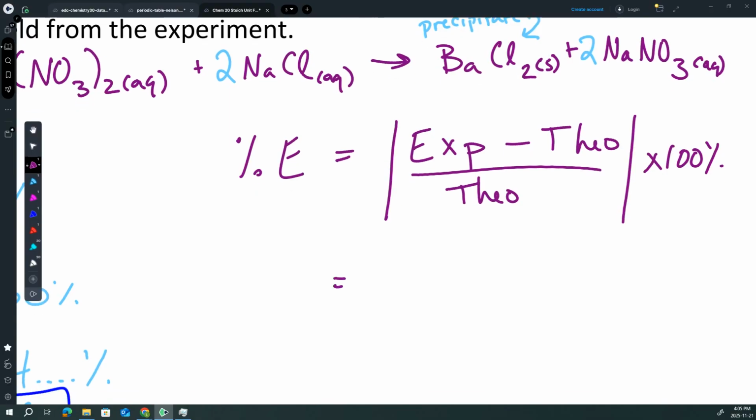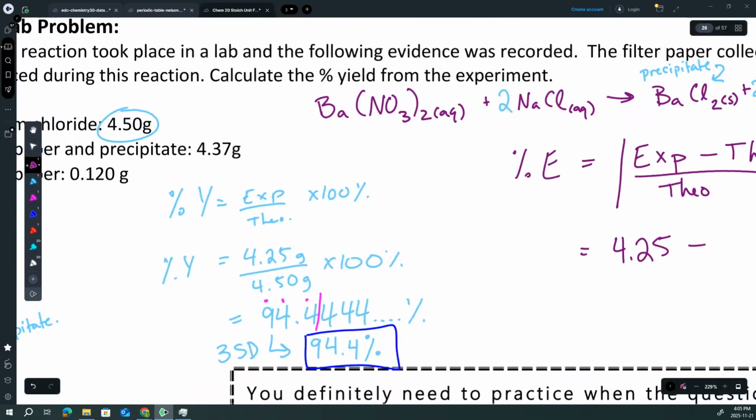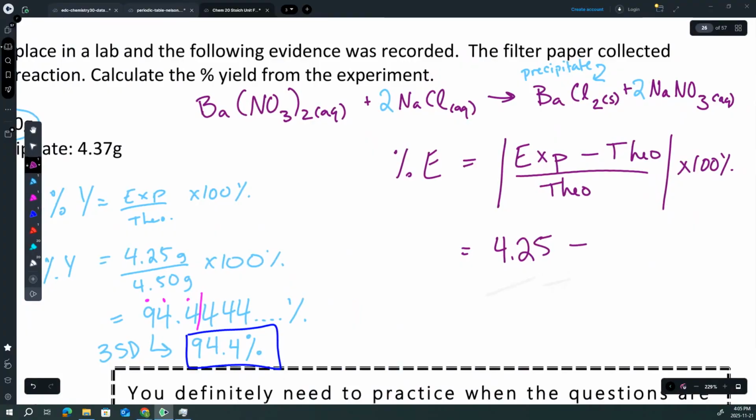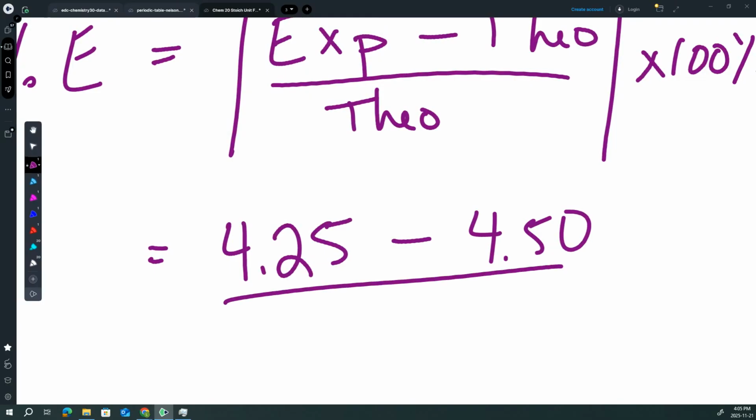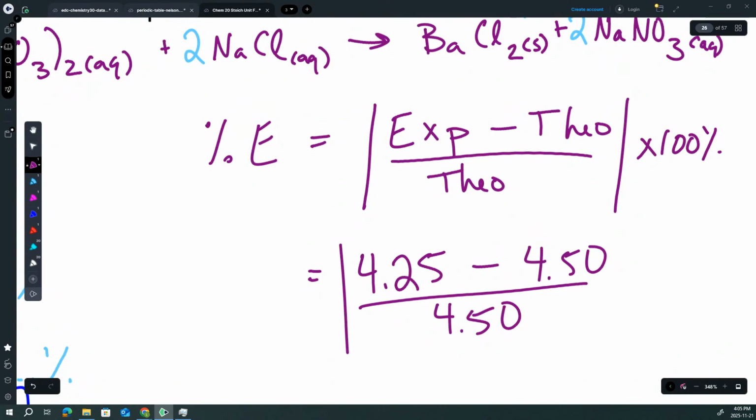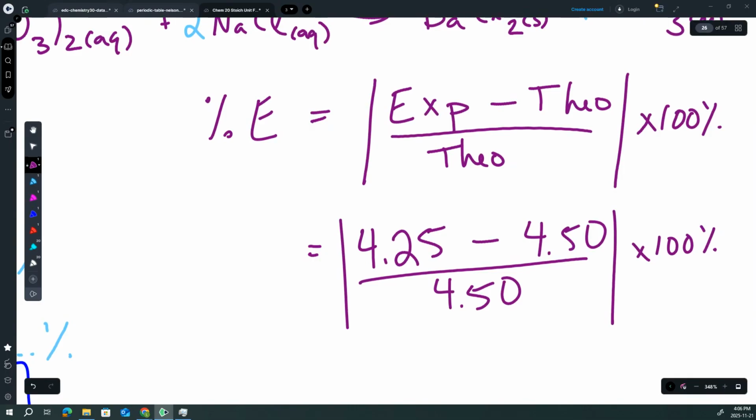Okay, so our experimental value, that was 4.25, minus our theoretical value, which was 4.50, divided by 4.50, absolute value signs, times 100%.